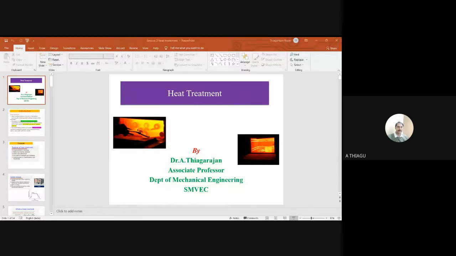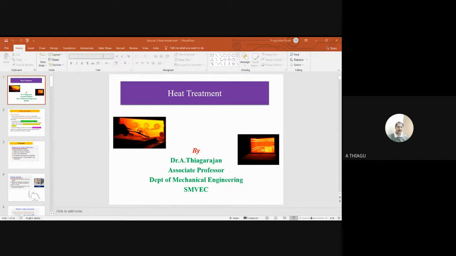So what is the purpose? I already pointed out that you can improve the mechanical properties, especially ductility will be increased, and internal stress is relieved. Grain size is refined. Ultimately, the structure will be modified based upon your selected temperature. Once it is above 727 degrees centigrade, the structural modification will happen and the grain size is modified.